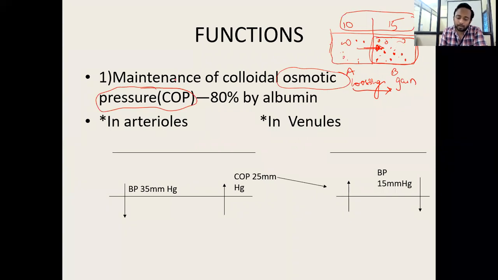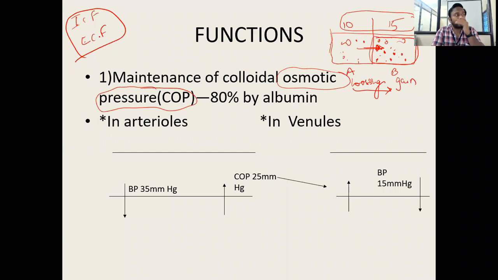That you have learned under the sections called ICF, ECF, that is intracellular fluid and extracellular fluid compartments. So to maintain the compartments of fluids, otherwise what happens? All the water molecules from your blood will escape into the peripheral tissue. Your blood vessels become narrow.